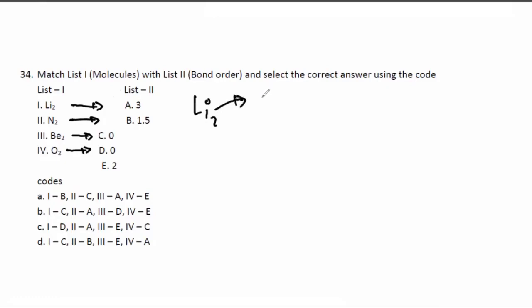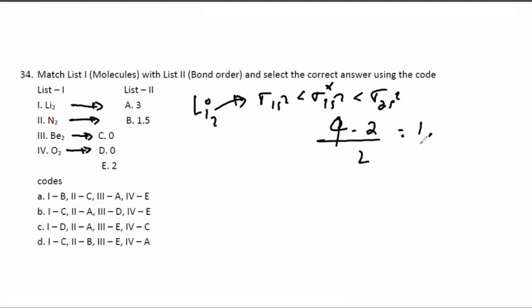We already wrote the configuration: sigma 1s2, sigma star 1s2, sigma 2s2. So (4 minus 2) divided by 2, the bond order is 1. Is there any choice with bond order 1? No.